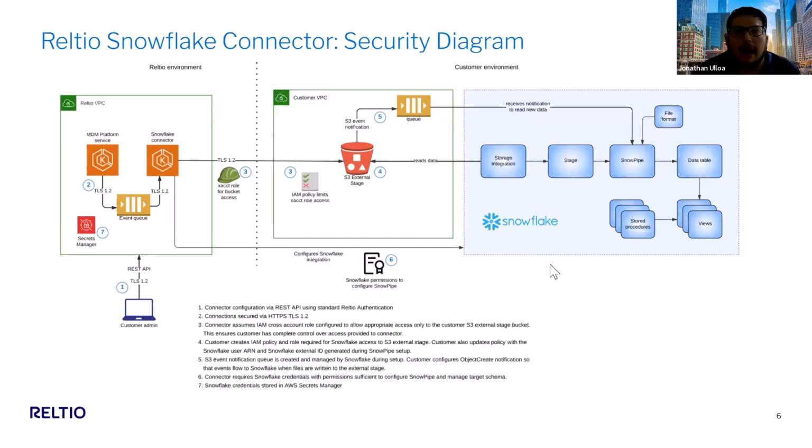For Azure customers, you can replace that S3 bucket with a blob storage, and for GCP, you can replace that bucket with a GCS bucket, right? So we're making this very compatible with all the major cloud providers to be able to provide this event flow.